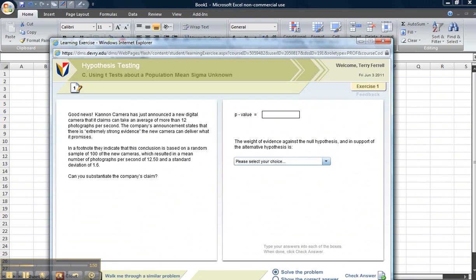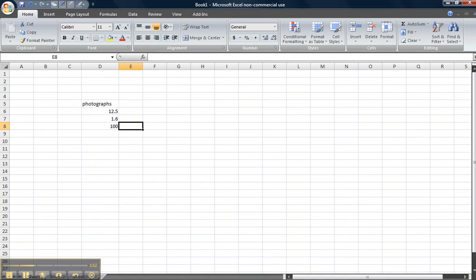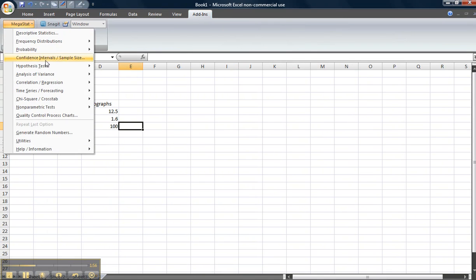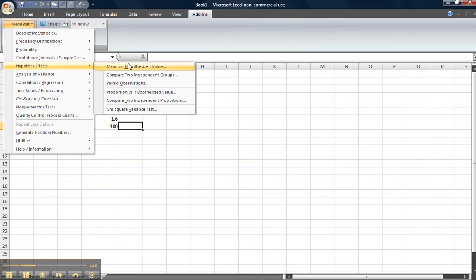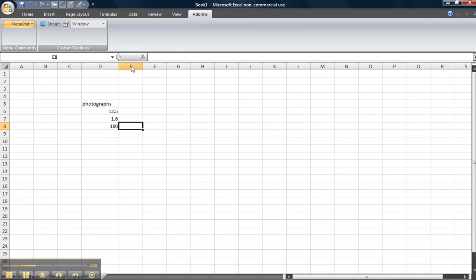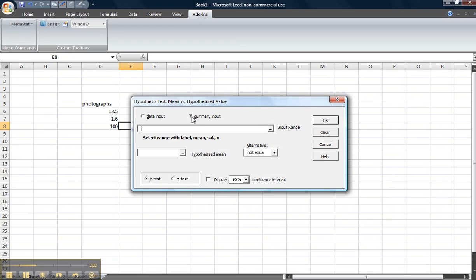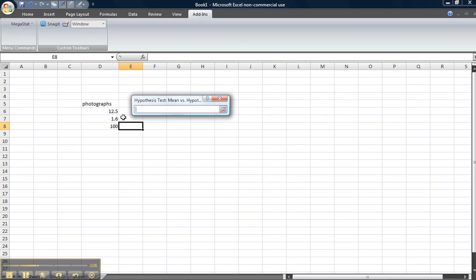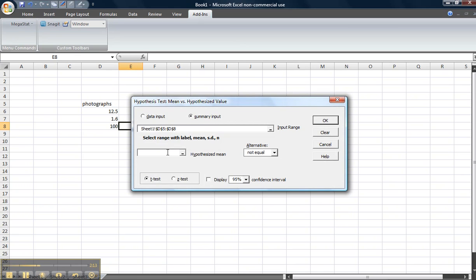Now from here, I just go to Megastats, hypothesis test, mean versus hypothesized value, summary input. That's what I'm looking for. Label, mean, standard deviation, N. Click here, highlight here. My guess is 12 because that's the hypothesized value.